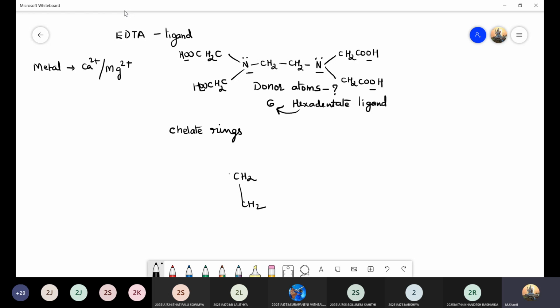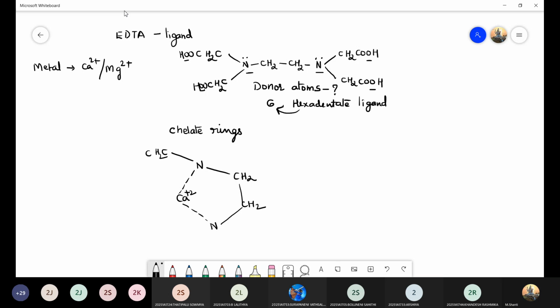A pincer claw-like structure. Here you can write your calcium or magnesium. These are the 2 donor atoms. And then what do you have?